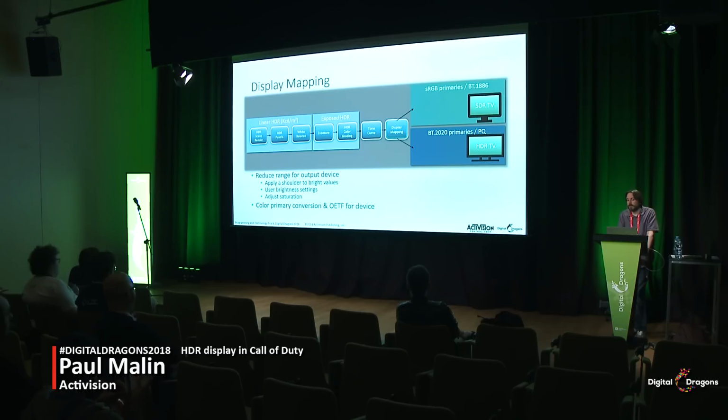This is also where we apply the user calibration settings. There may also be a saturation adjustment. We want to desaturate bright values on lower intensity displays. The display mapping applies color primary conversion and the transfer function to convert to the output device color space.